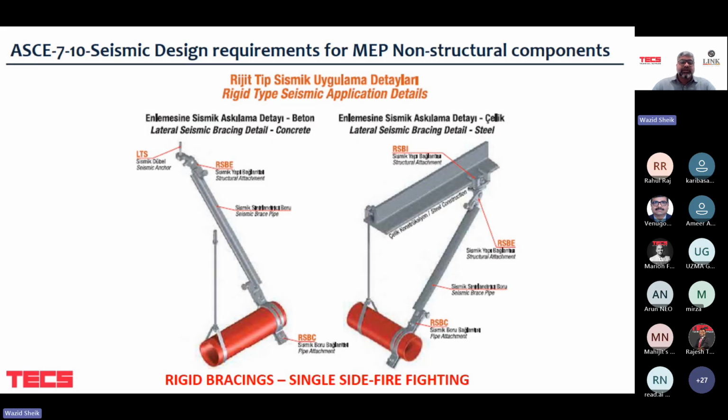Then you have a seismic brace pipe, which connects these two. And these components have to be tested as per UL and FM standards, as per the code. So this is about firefighting.